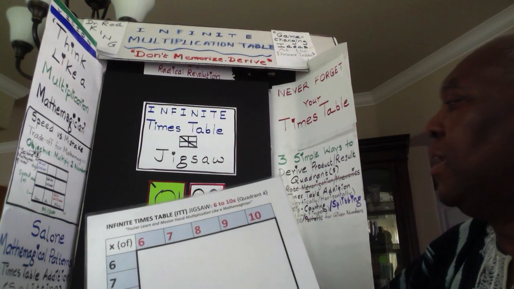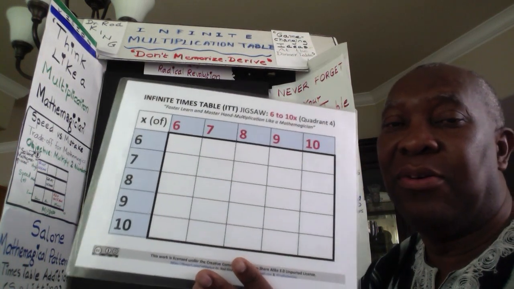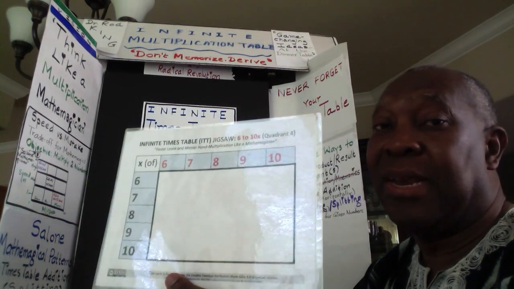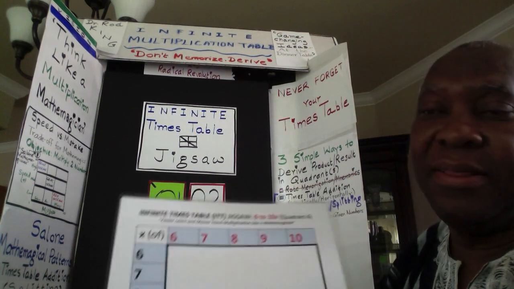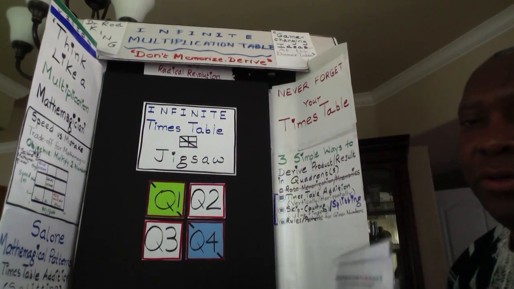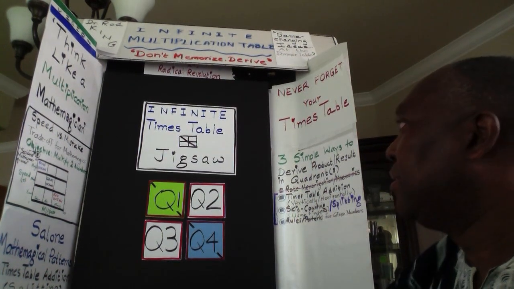Quadrant 1 and quadrant 2 are symmetrical, so you only need to know half of the content, and as before, you can laminate these 4 and together they can form a block and you can use them for your multiplication practice.